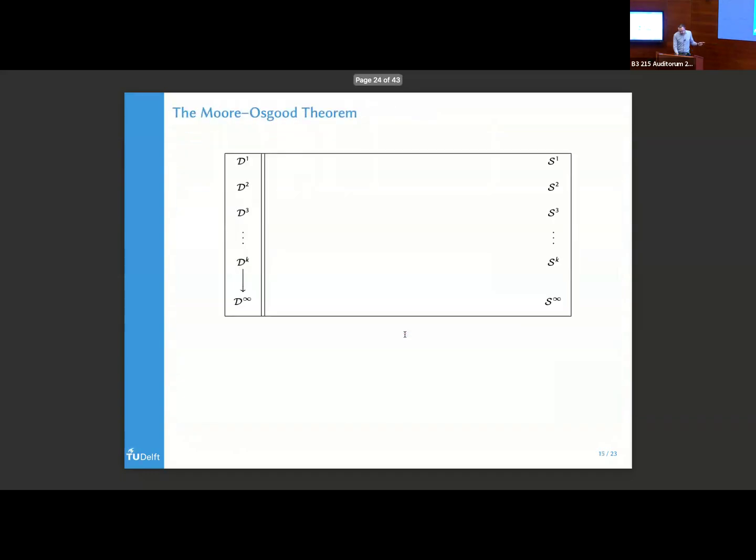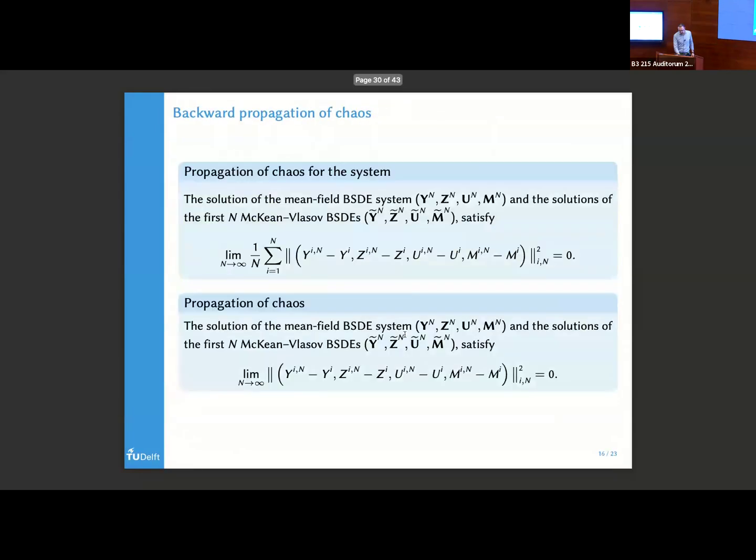Okay, so we could prove a propagation of chaos result for BSDEs at this level of generality, not for semimartingales now, only for Lévy processes. And it is basically telling you that if you have a system of mean-field BSDEs and n McKean-Vlasov BSDEs, then you are going to get, first of all, what we call propagation of chaos for the system.